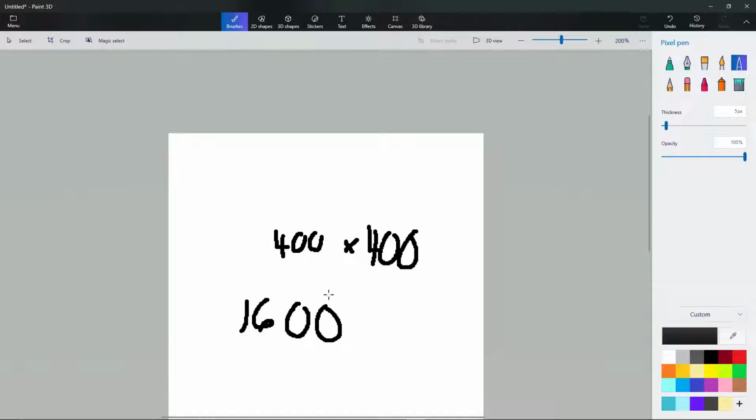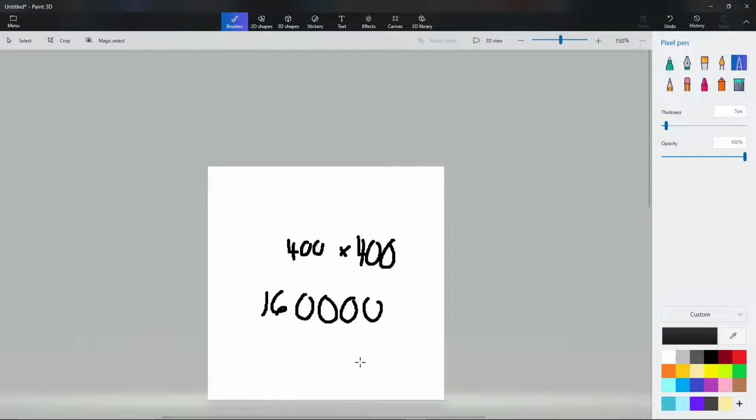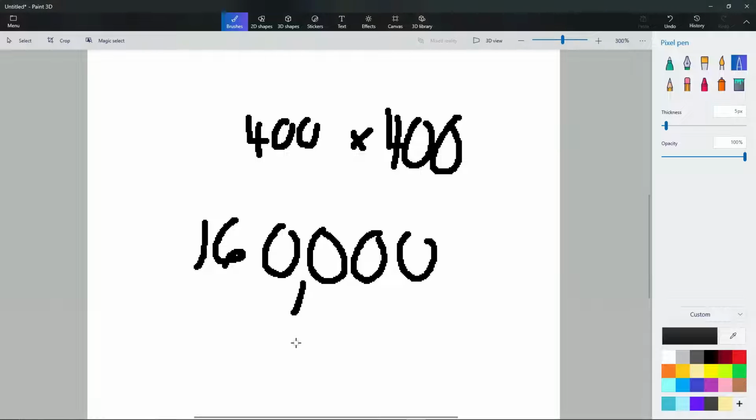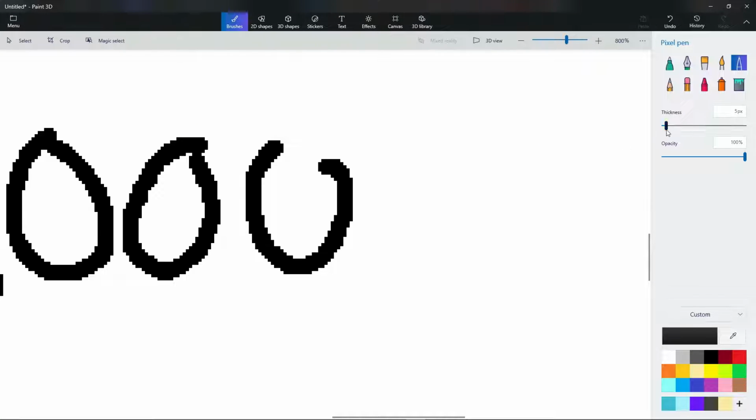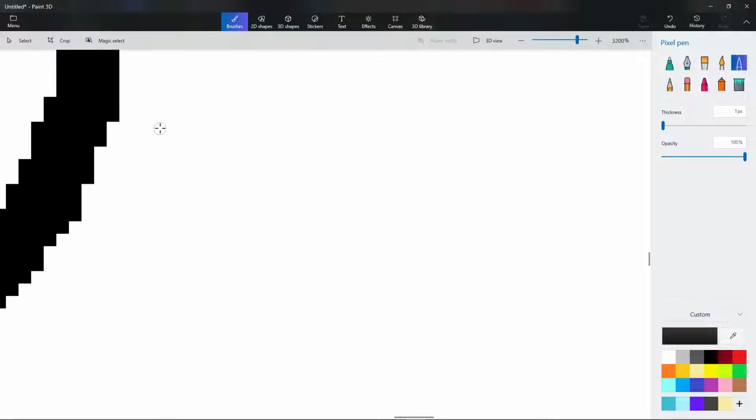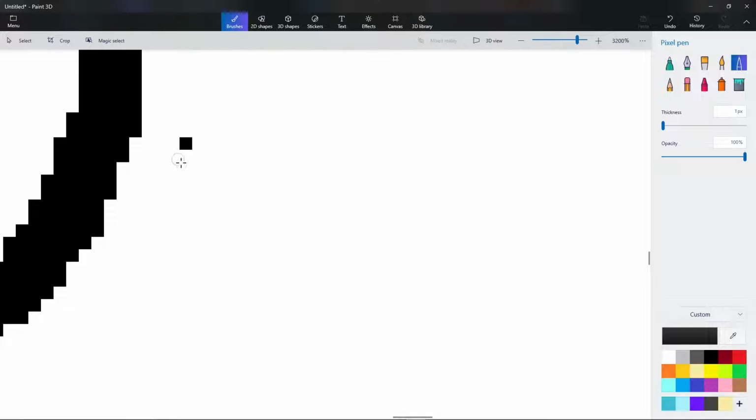Another 2 zeros to add on. And there you go. There is our answer to this problem. There's exactly 160,000 pixels within this white square, with 1 pixel being this right here.